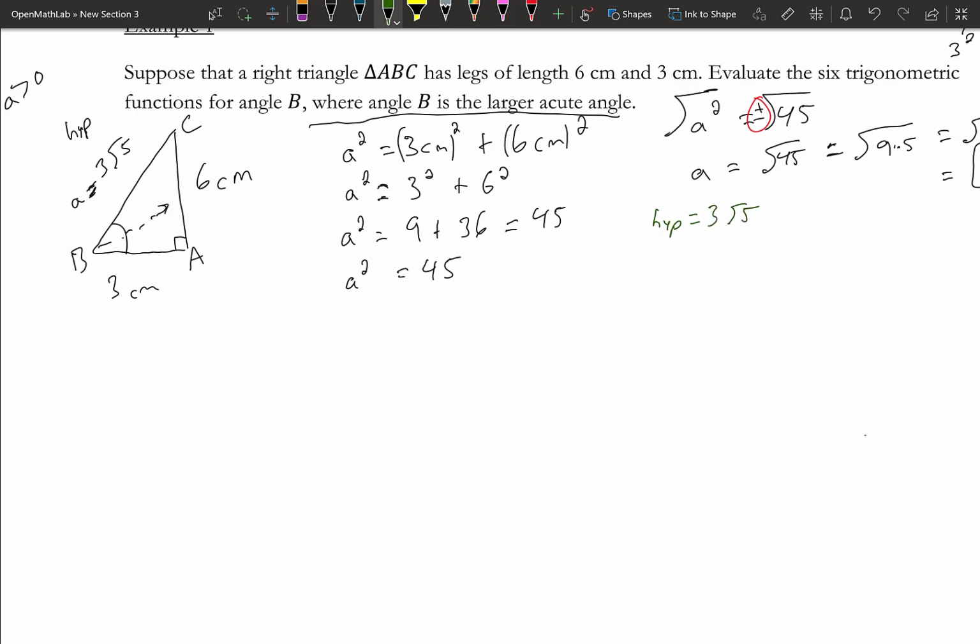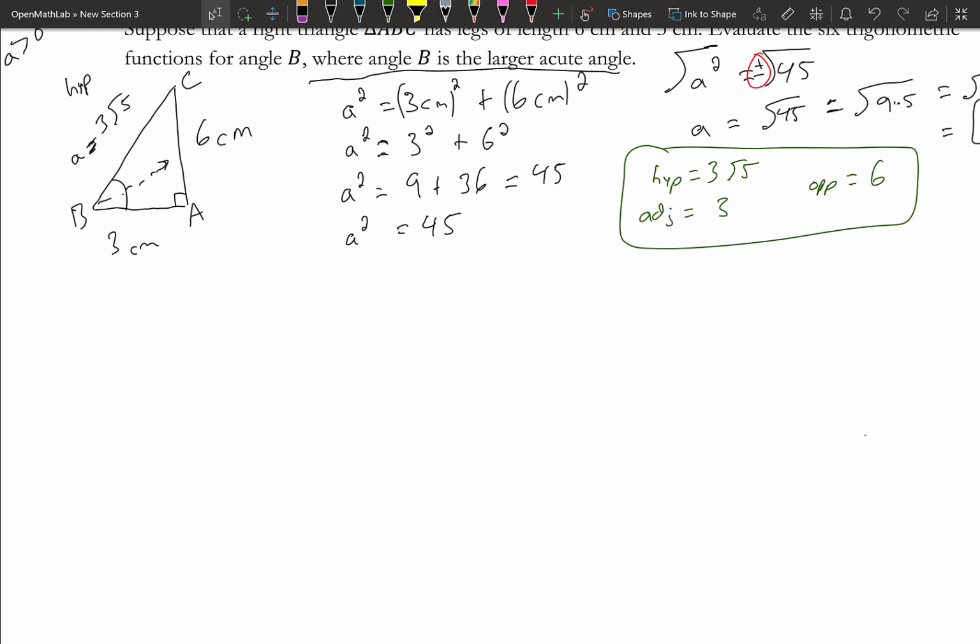I won't bother writing down the centimeter part because we're going to take centimeter divided by centimeter, and that's going to cancel out. So the hypotenuse is 3 radical 5. The adjacent side would be 3 centimeters. Oops, I just said I wasn't writing that. And the opposite side would then be 6, because 6 is opposite from B.